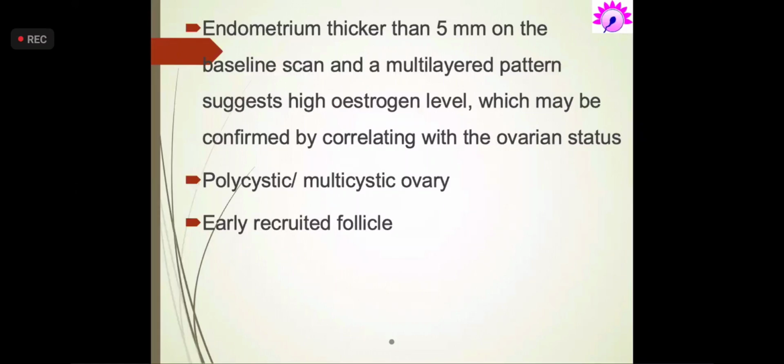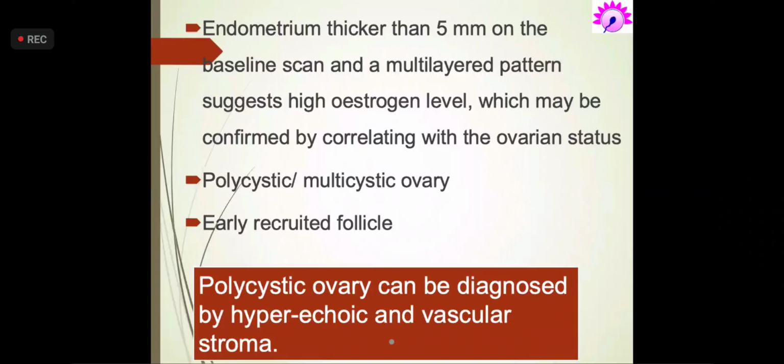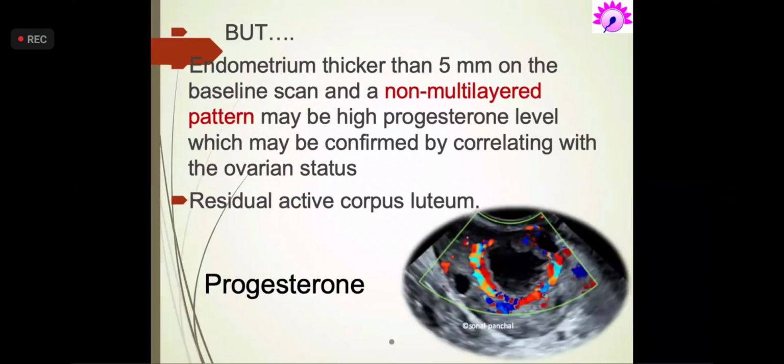If you are doing a baseline scan and you find that the endometrium is thicker than 5 millimeters, it may be either high estrogen or high progesterone, provided the endomyometrial junction is normal. If the junction is normal and the endometrium is thickened on the baseline scan, look at the pattern. If it's multilayered, think of either early recruitment of the follicle or PCO, and you'll find the evidence in the ovary on the scan.